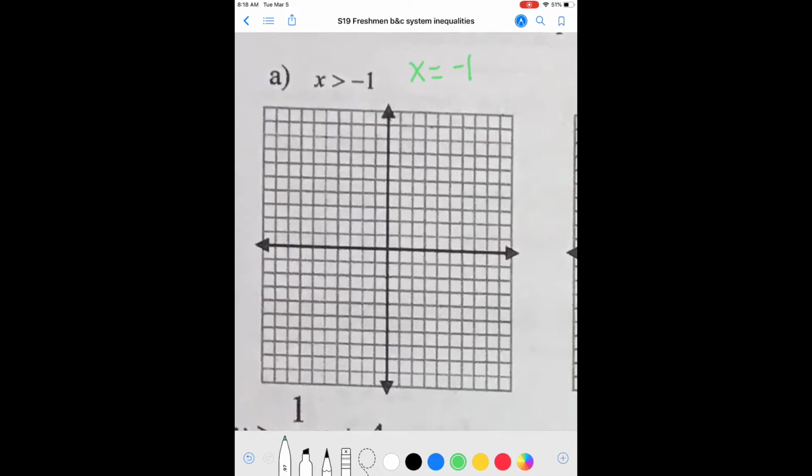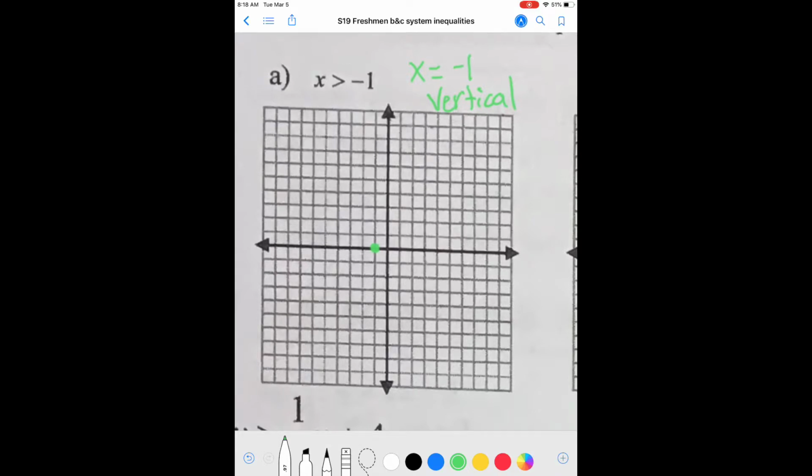So x is -1. Go over to the left 1 for x. Now it's going to be a vertical line, because what it's representing is that it doesn't matter what the y value is, x is always constantly on this line -1. So we're looking at the vertical line that goes through x equals -1.